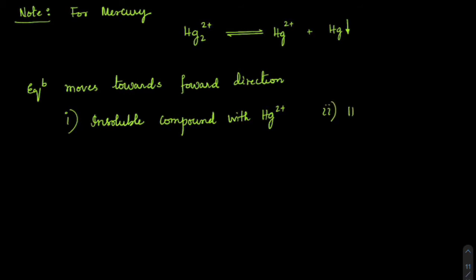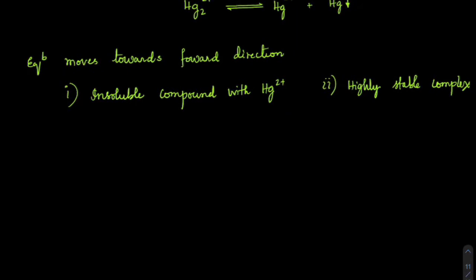Second, highly stable complex forming. Right? Whenever, please understand this, reaction will always drive to that side where a very stable molecule is forming. A stable salt can be formed either by precipitating itself or forming a complex. These are very stable form of salts, so they will always shift to that side.